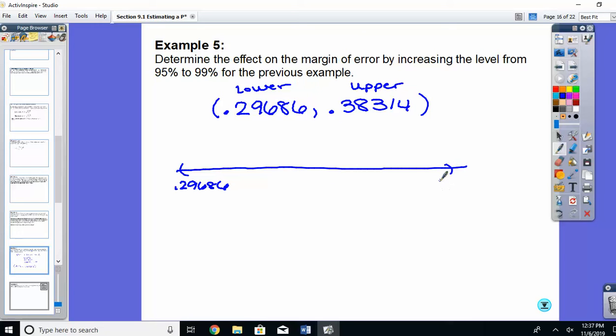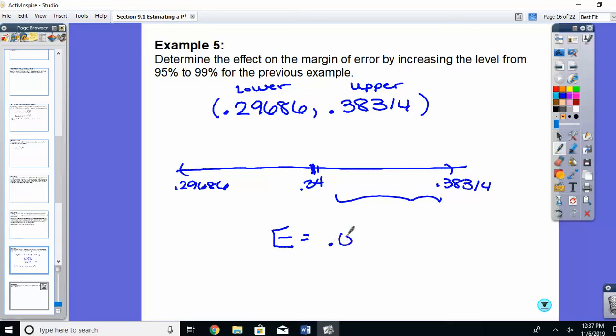Okay. So essentially this is our confidence interval. We knew our p-hat from yesterday, or it even tells you on here, what is your p-hat? So that's the middle. So to get your error, all you have to do is subtract. The error is just this distance right here. So the error is?